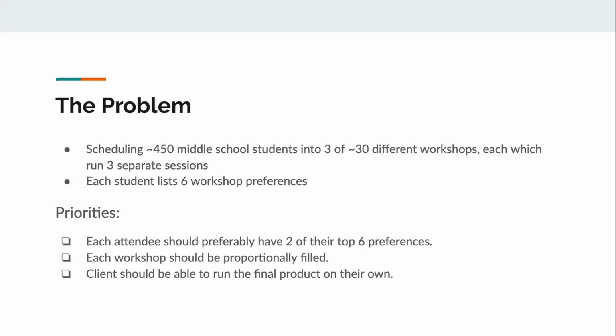Also, each workshop was to be proportionally filled, so we landed on trying to have each workshop at least 75% filled minimum, with some of the popular ones obviously going to full capacity. And finally, something that changed from last year's group to this year's is that we wanted our clients to be able to run our final project without any support from us after handing it over to them.